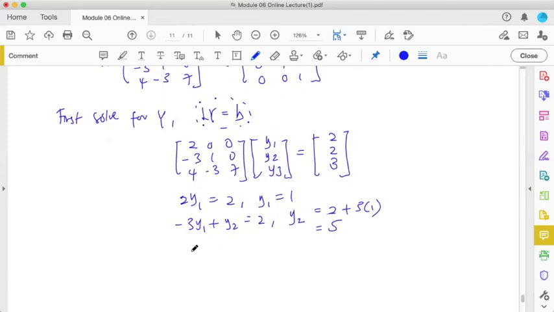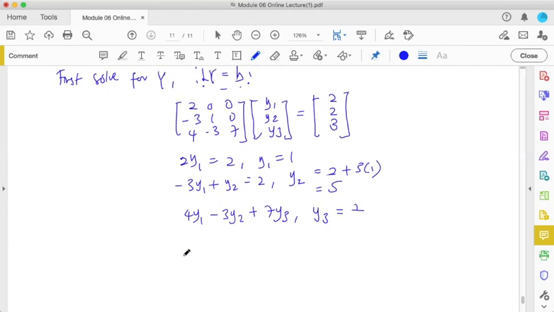For equation 3, you have 4y1 minus 3y2 plus 7y3. If you solve for y3, you will get 2. So your matrix Y will consist of y1 is 1, y2 is 5, and y3 is 2.